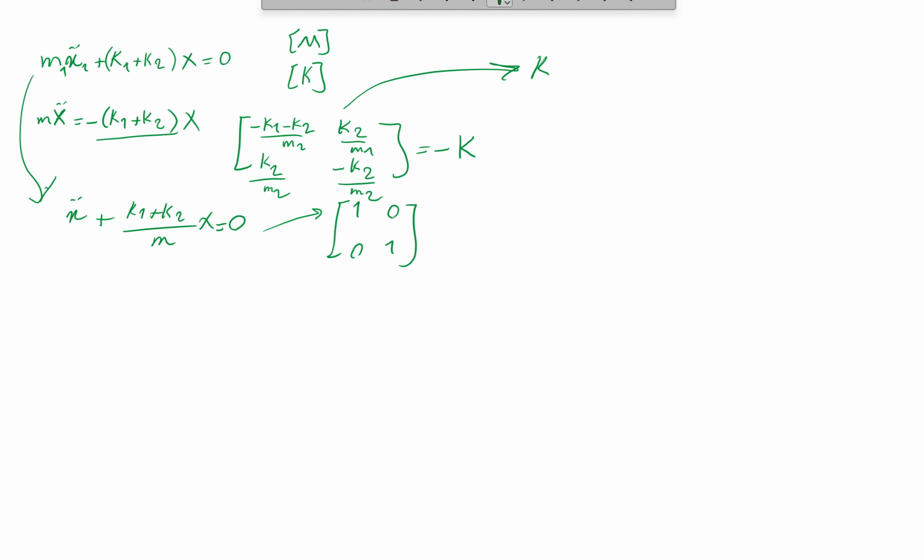The whole idea of calculating a k tilde, a mass normalized stiffness matrix, is basically to do this. But since these are matrices, you cannot just simply divide by m and have the same thing. So please avoid this. Only and only use this form.